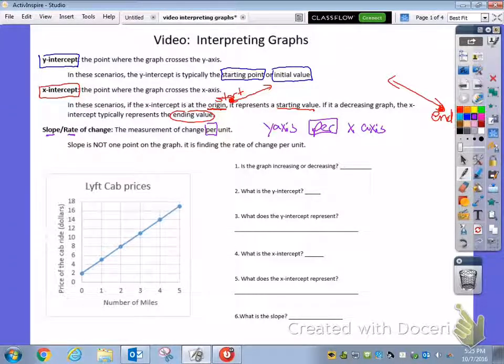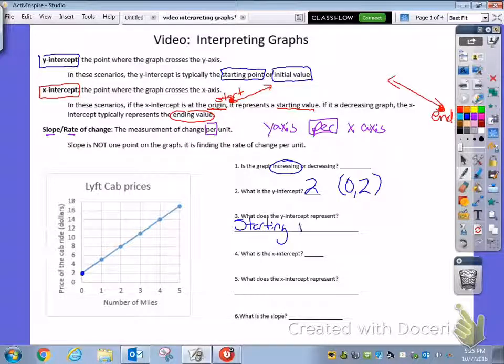So, for example, is the graph increasing or decreasing? It is increasing. What is the y-intercept? Here is my y-intercept. My y-intercept is 2. So since it's in the y, it's (0, 2). What does the y-intercept mean? That means the starting value. I want to either use start or initial.